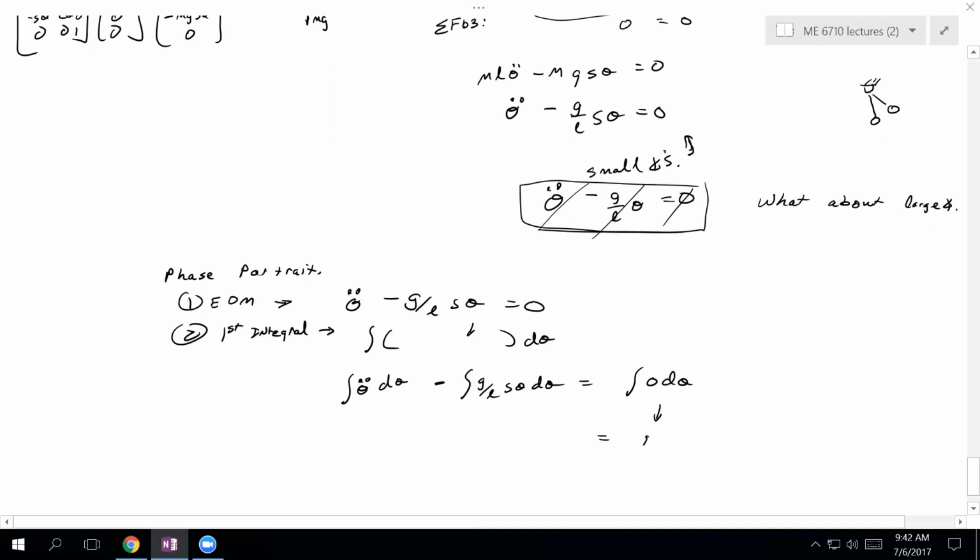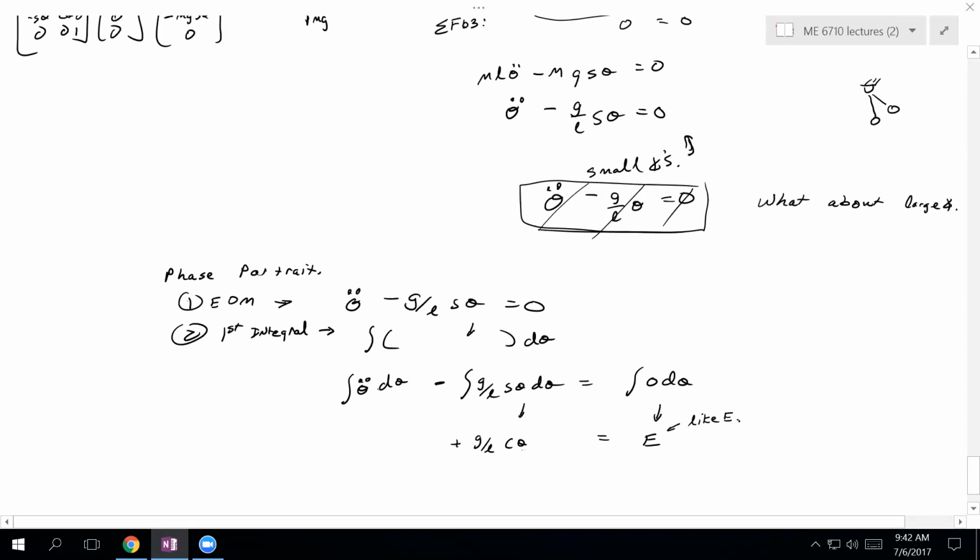Start on the right. The 0 d theta will just give us an E, a constant. And again, this is the one that's like energy. I dropped mass, so it's energy-like. This term, we get the integral of sine theta, so that's negative cos theta, right? So it's going to be positive g over L cos theta, because the derivative of cos theta is negative sine theta.